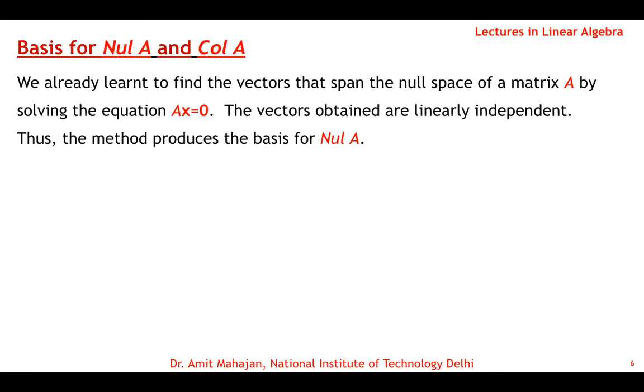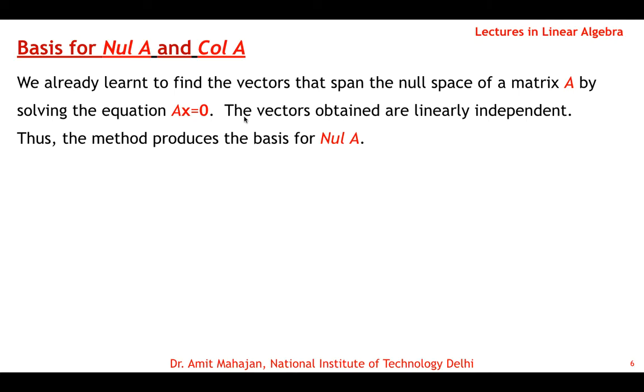So first we know that the vectors in null space A are the vectors x which satisfy the homogeneous equation Ax is equal to 0. So if you solve the homogeneous equation Ax is equal to 0 and find all the solutions, those solutions belong to null space A. We already learned that we find the vectors that span the null space A by solving the equation Ax is equal to 0.